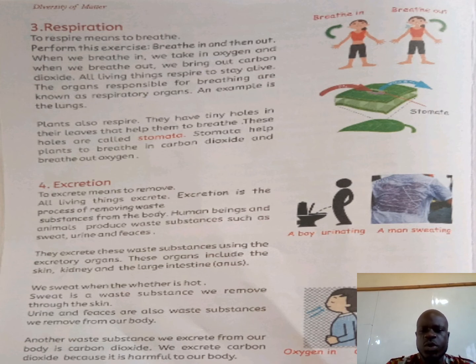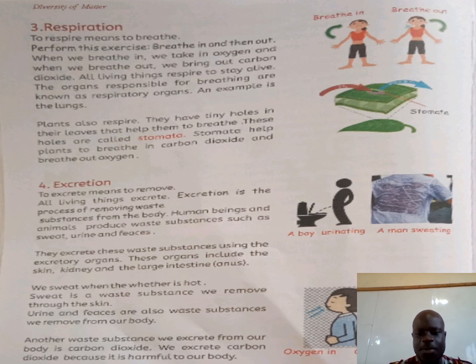Now, we sweat when the weather is hot. Sweat is a waste substance we remove through the skin, and sweat contains bacteria. Urine and feces are also waste substances we remove from the body. Another waste substance we excrete from our body is carbon dioxide.